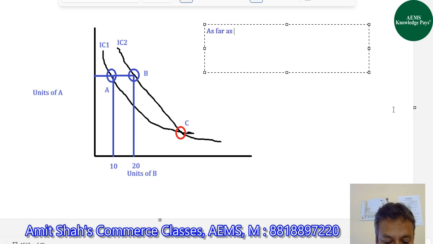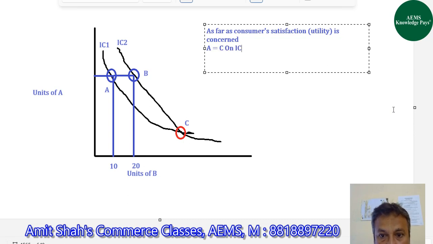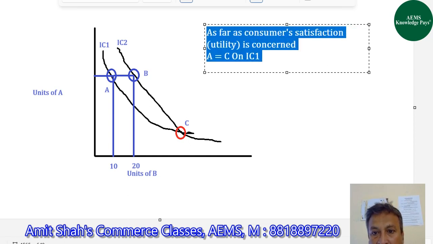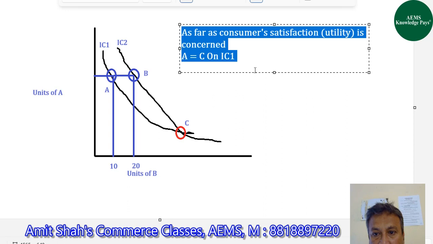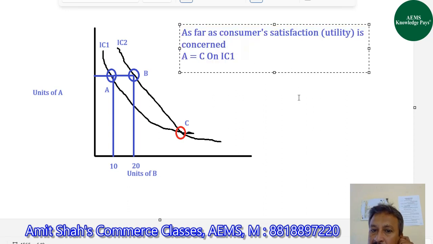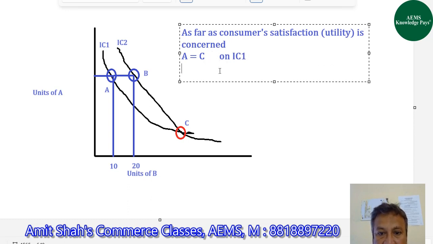So as far as the consumer's satisfaction, that is utility, is concerned, A is equal to C on IC1. Yes or no, guys?